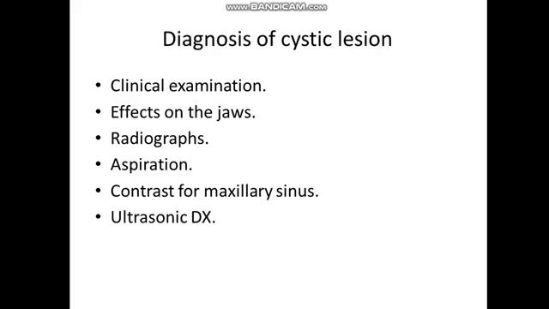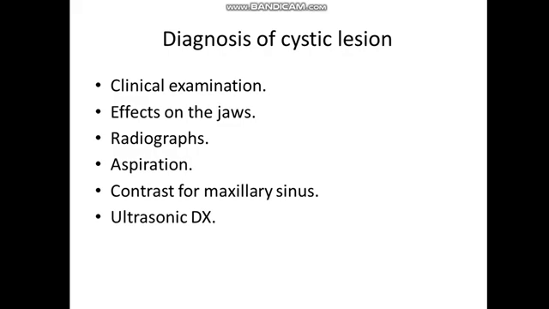If we need to diagnose whether this is a cystic lesion or a tumor, in this case we can use radiographical or clinical examination. By the way, through clinical examination, by tapping on the swelling, we can hear eggshell cracking. Eggshell cracking indicates this is a cystic lesion.